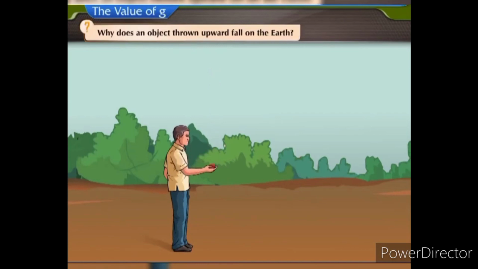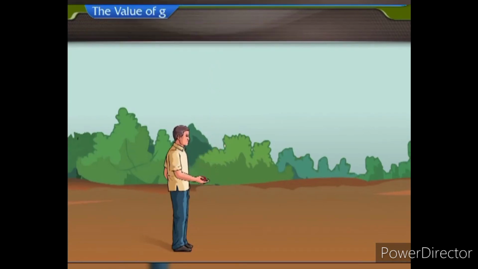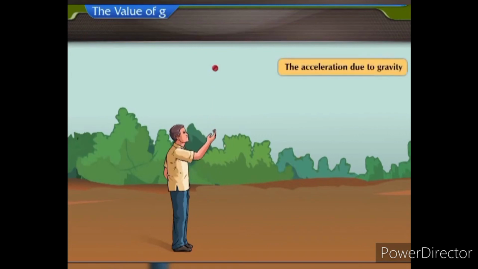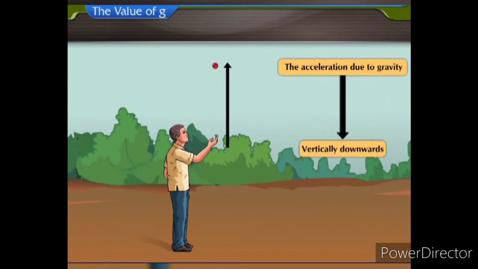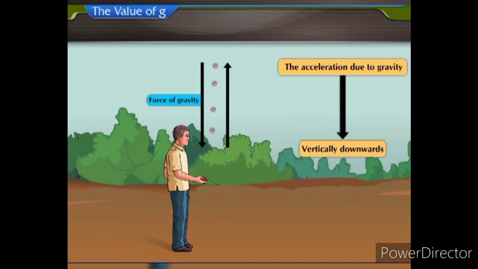Why does an object thrown upward fall on the earth? The acceleration due to gravity is always directed vertically downwards. If an object is thrown vertically upwards, it moves in the direction opposite to that of the force of gravity, and hence the acceleration is in the opposite direction.